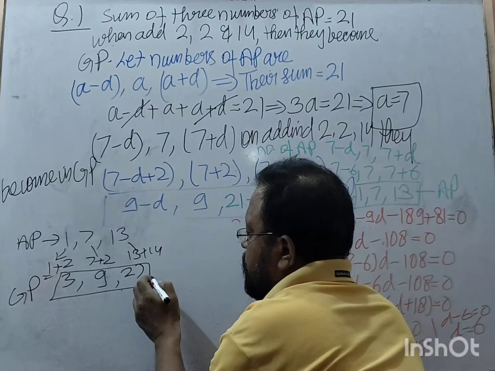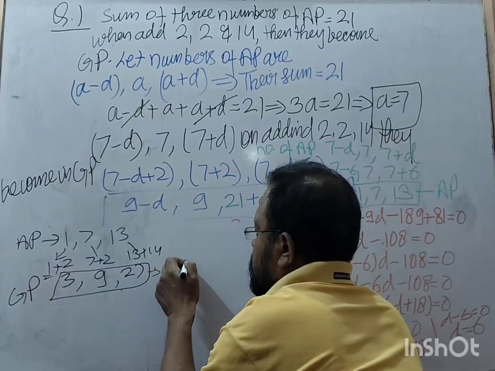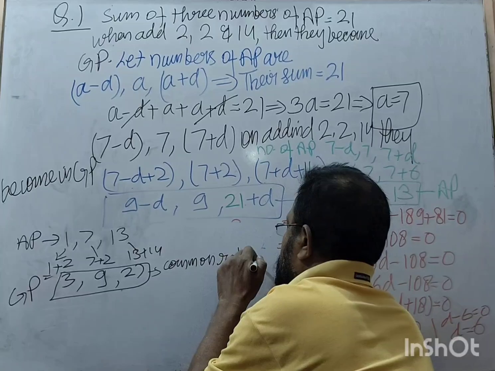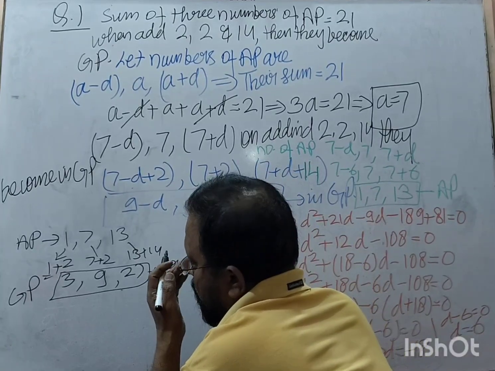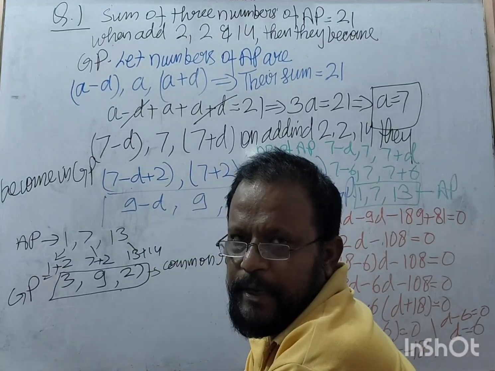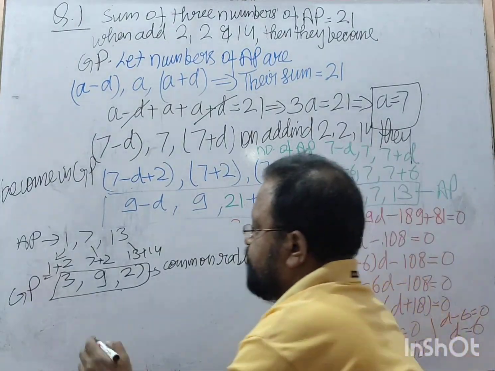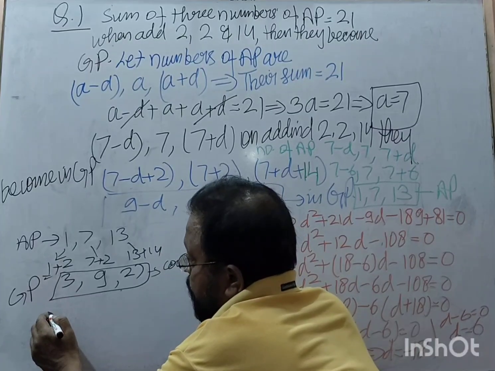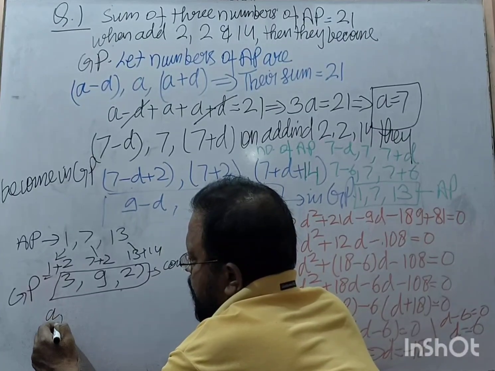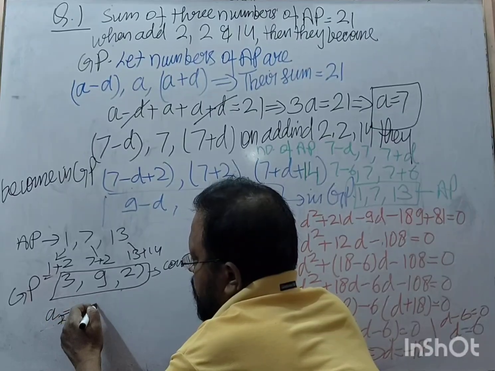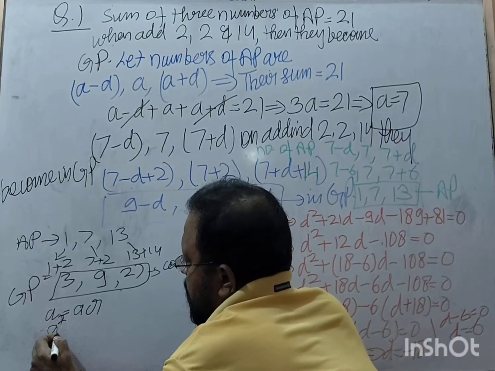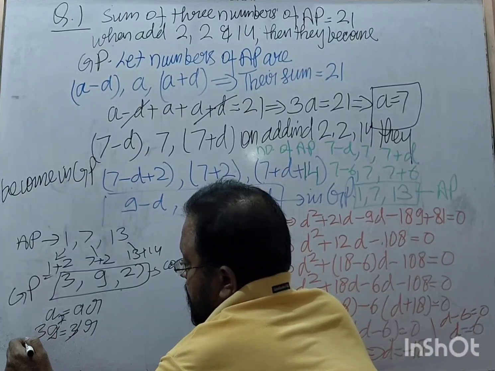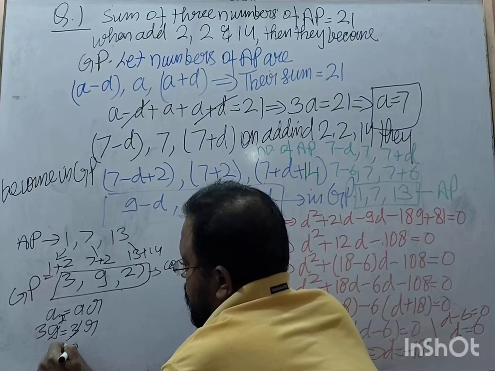They have a common ratio. So a2 is equal to a r. So a2 is 9, a is 3, so 3 is equal to r.